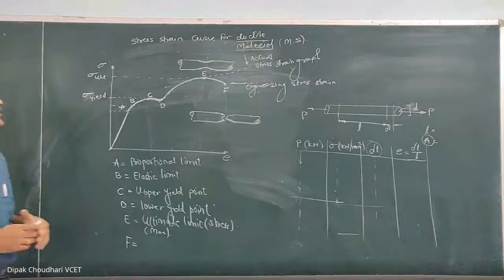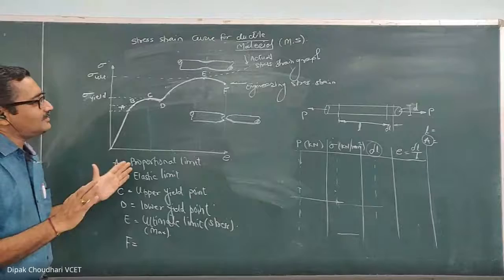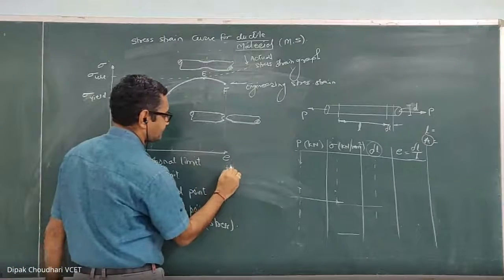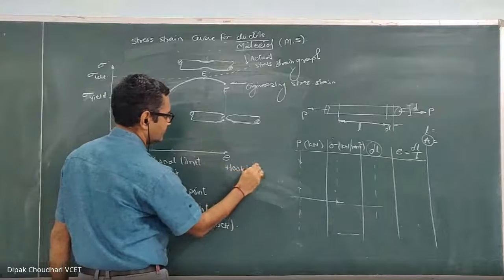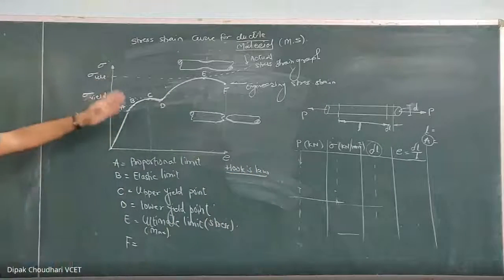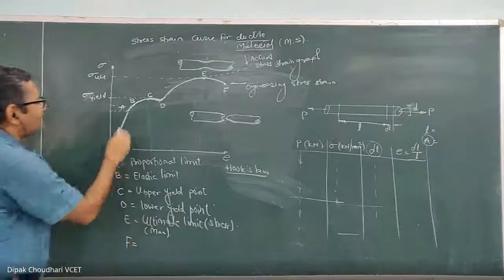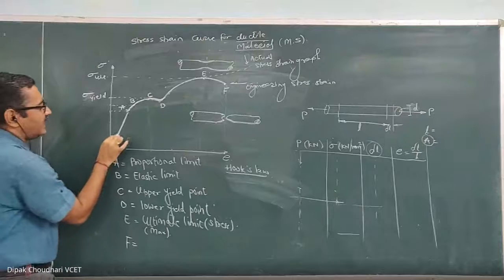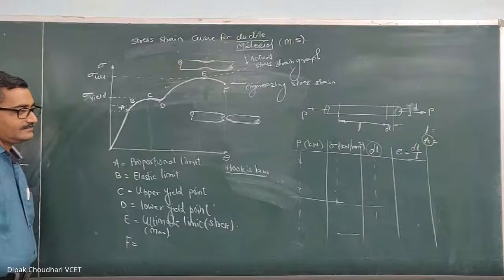Now I'm going to explain, before that, what is Hooke's law? Here, after plotting this stress strain graph, you will observe that up to a certain limit, or up to proportional limit, the stress is directly proportional to the strain.